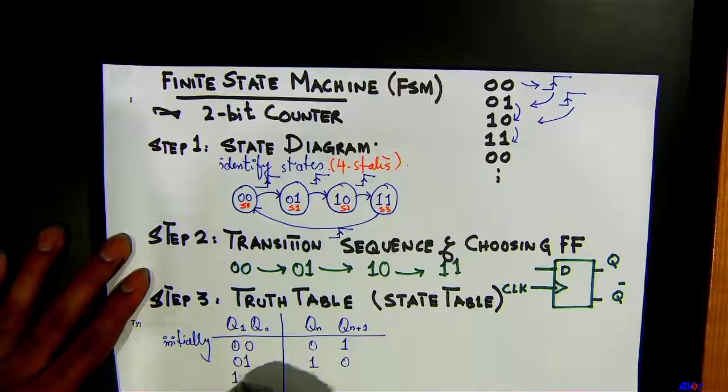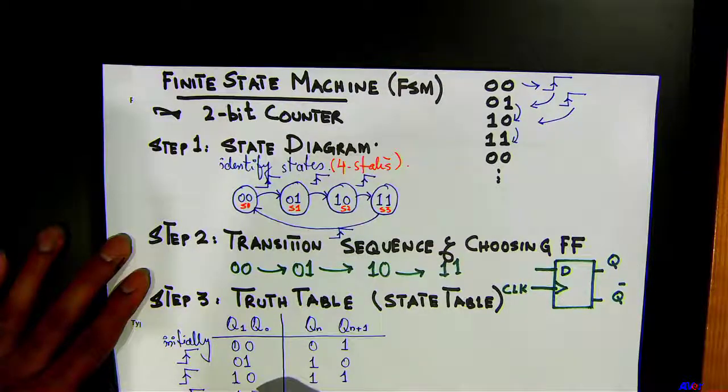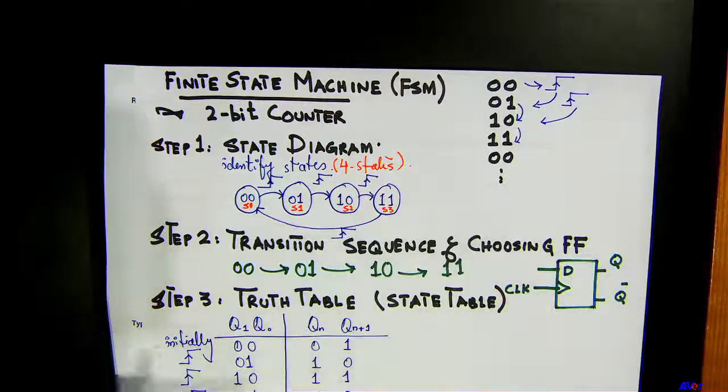If the present state is 1 0, next state will be 1 1. If the present state here is 1 1, the next state is going to be 0 0, correct?